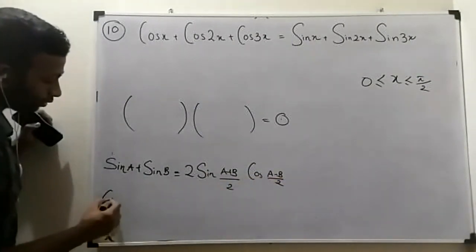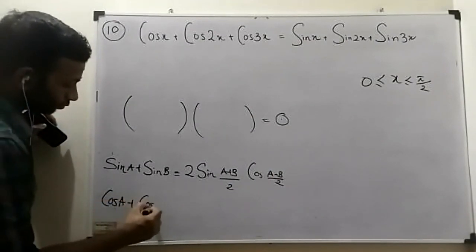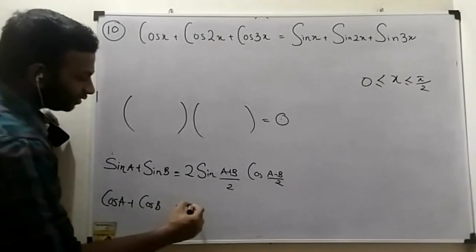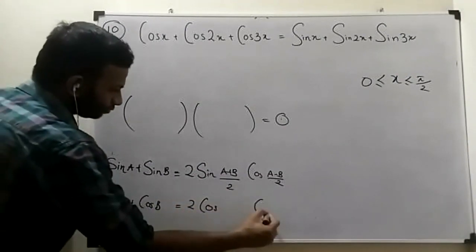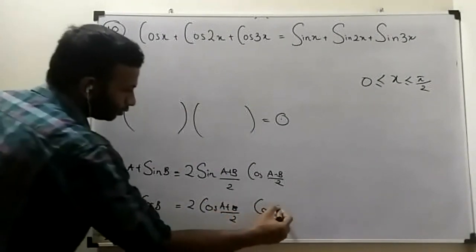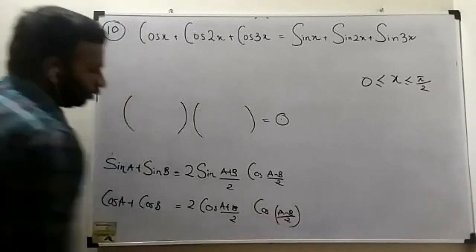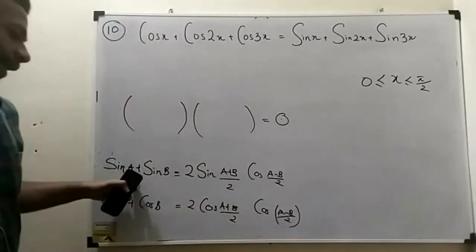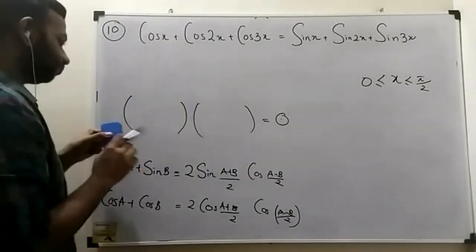And cos A plus cos B is 2 cos of (a plus b) over 2 times cos of (a minus b) over 2. So now the addition can be represented as a multiplication. Can we use this here?